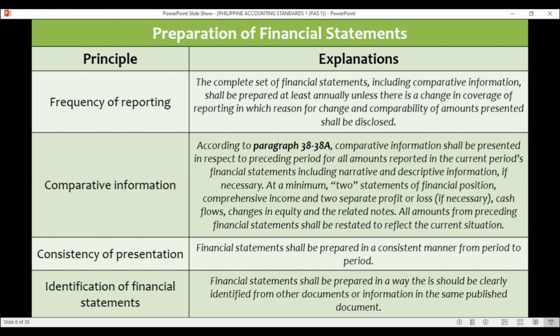For example, we have 2 policies, policy A and policy B. Policy A is applicable for the first 5 years, then after 5 years, there is a change in accounting policy. And policy A is no longer applicable and policy B will take over.